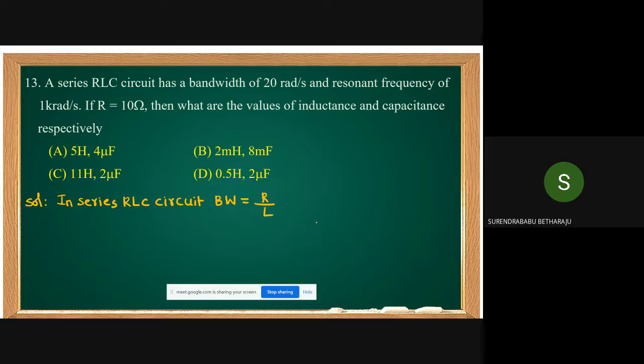R by L is 20. Bandwidth equals 20. Resistance value is given, so you can calculate the inductance. Inductance equals R by 20. Resistance is 10, this is 20, so we get inductance equal to 0.5 Henry.